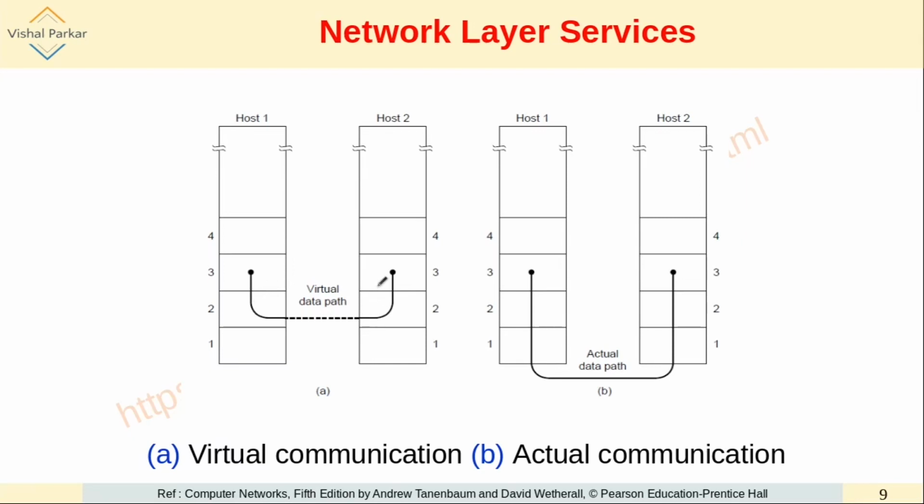Why is it called virtual? Because that is not the actual path. Now what is the actual path? The network layer sends the packet to the data link layer. The data link layer assembles those packets into frames by attaching headers and trailers that we have already seen, and the whole frame, that is the header, payload and trailer bits, will then be given to the physical layer.